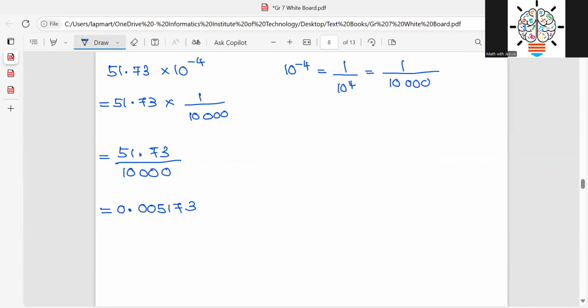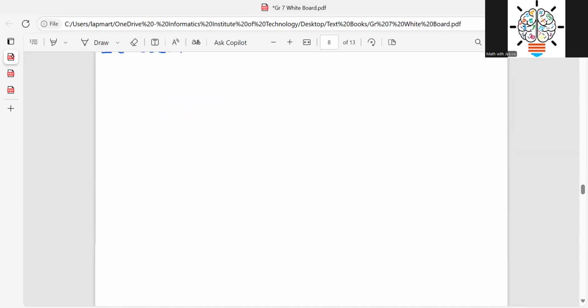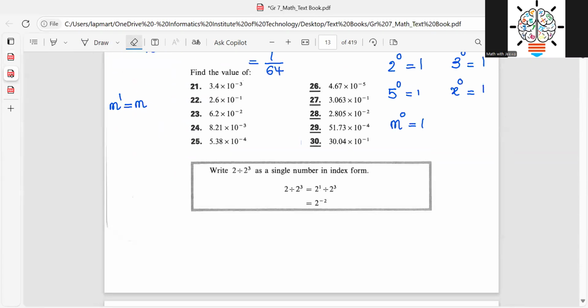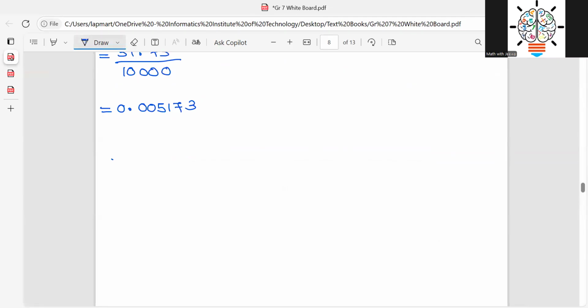So then the next one, 30.04. Wait, move to the next question. It is 30.04. So then I write here 30.04, 10 to the power of negative 1.